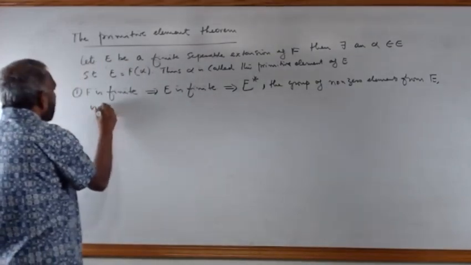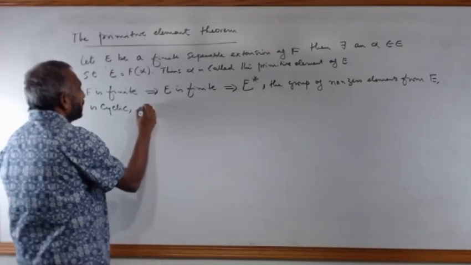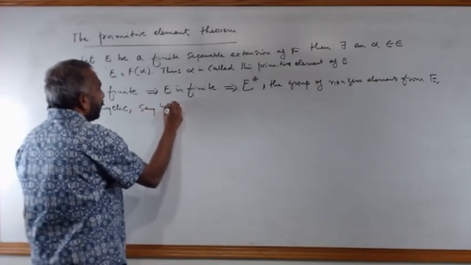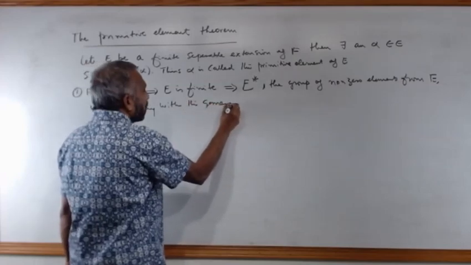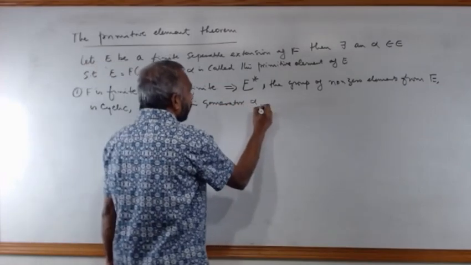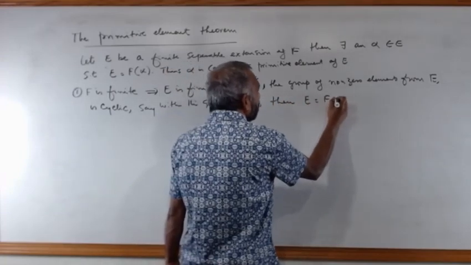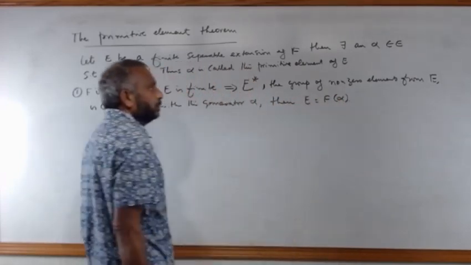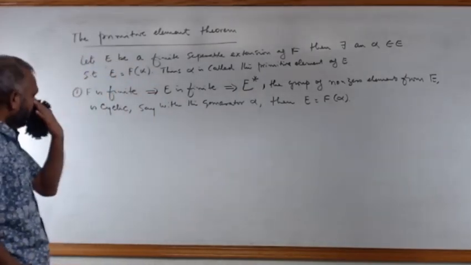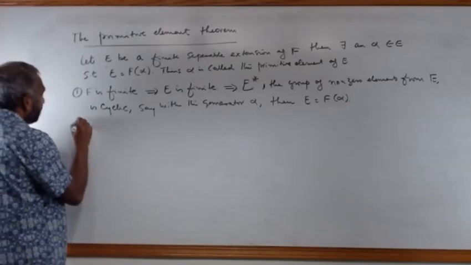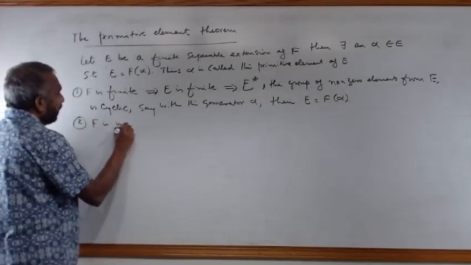We already know that. And say with the generator alpha, then E is equal to F of alpha. So that is simple. When F is finite, it is simple. Now let us assume that F is infinite.